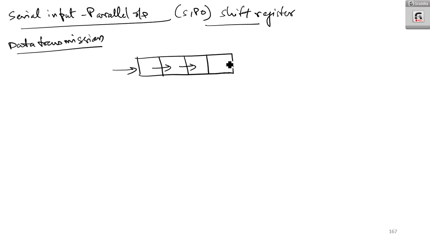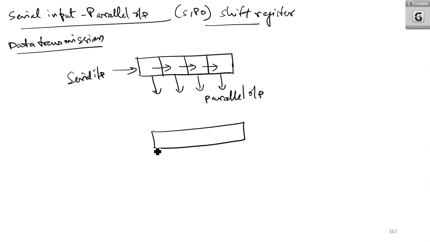In the third clock it will go here, in the fourth clock it will go to the next, and like that it will happen. And output is coming in parallel. So here we have serial input and parallel output. Now let me explain how that is happening in a serial in, parallel out shift register.